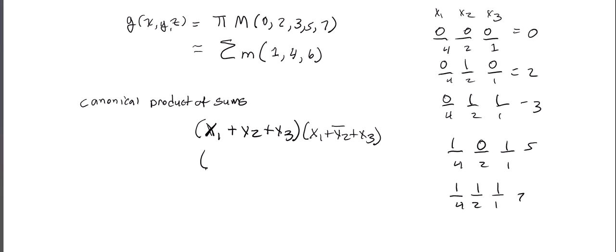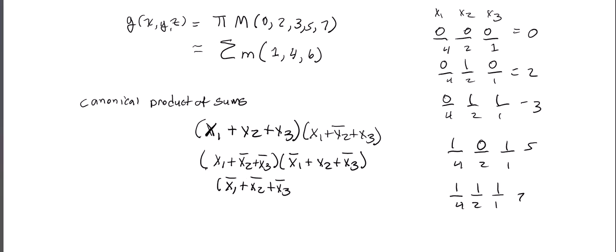Max term 3 is x1 plus x2 bar plus x3 bar. Max term 5 is x1 bar plus x2 plus x3 bar. And max term 7 is x1 bar plus x2 bar plus x3 bar.